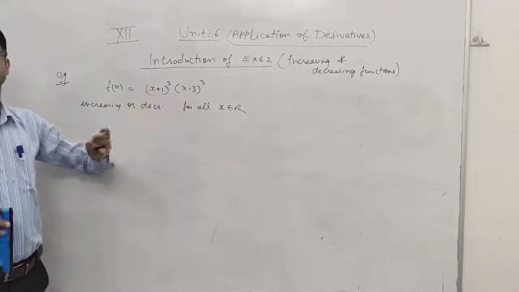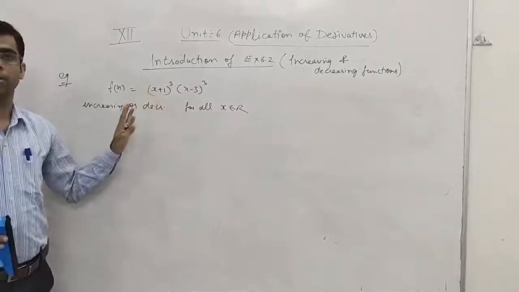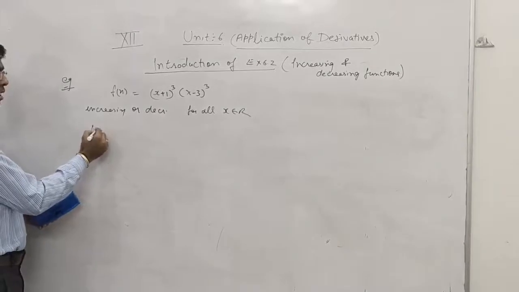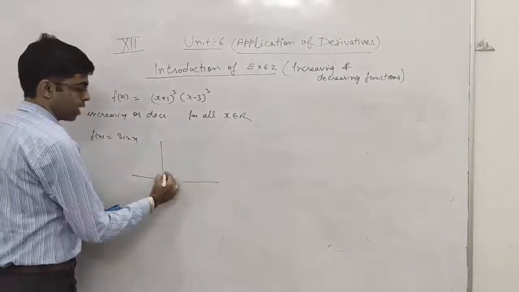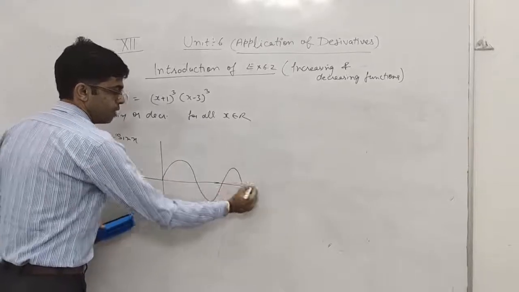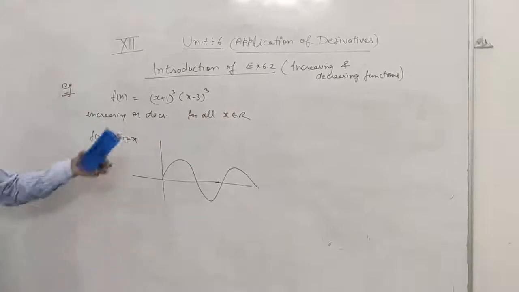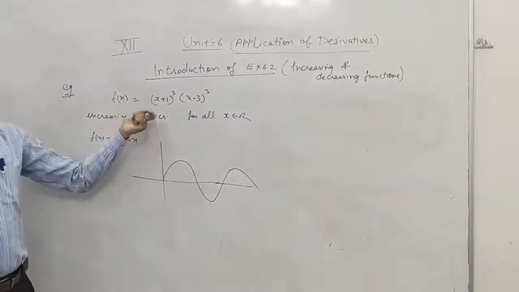Every time it is not possible to draw the graph. Some functions, like the sin x function, are very easy, and we know the graph will be of this shape. But we cannot know and draw the graph of every function, and there is not that much time to draw graphs of functions.